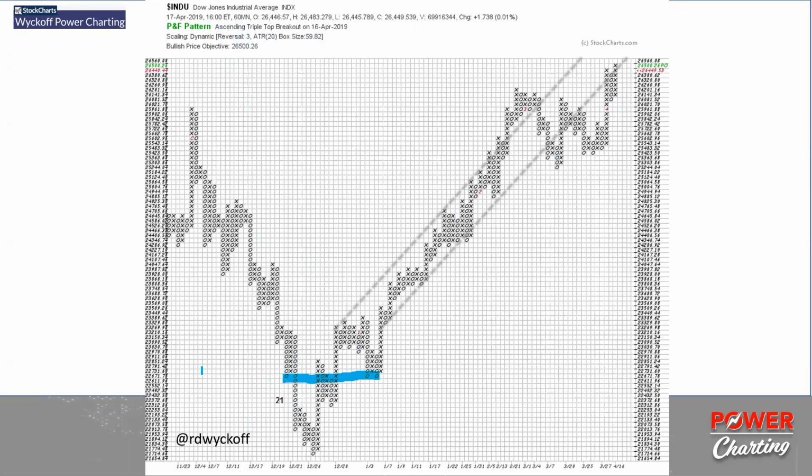So we can actually count this on the 60-minute, and we get a slightly different count from the one that we got on the prior chart, which happens all the time, where the counts will vary by a little bit just because of the ATR scaling, etc. And so we have a count that goes to 25,483. This is 21 times 3 times 5982. And that's going to give us our count, which is about 4,000 points.